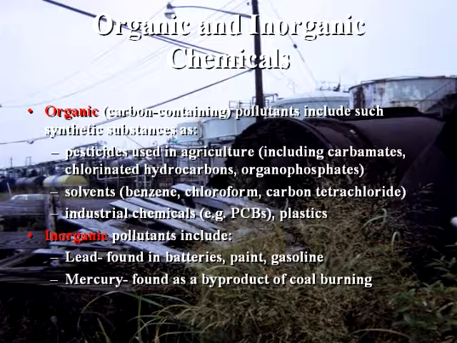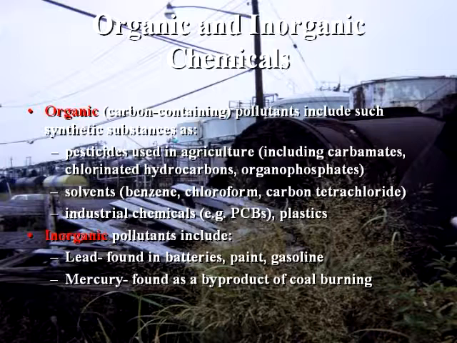including some of the major classes of pesticides that are used on agricultural lands, like the carbamates and chlorinated hydrocarbons and organophosphates. Chlorinated hydrocarbons have been largely phased out because they are too persistent in the environment, whereas carbamates and organophosphates tend to be more short-lived.